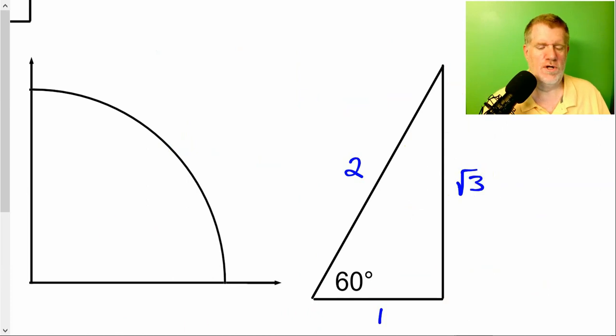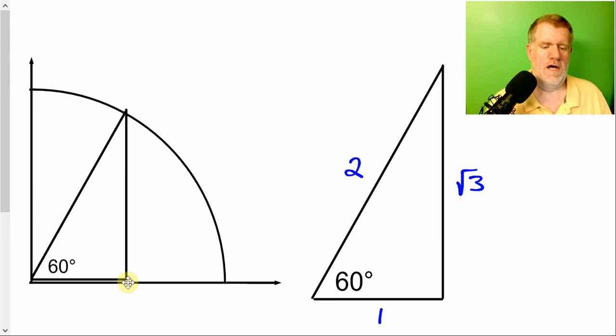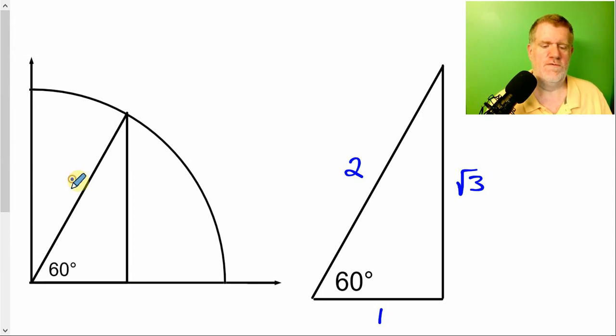But you know what we're going to do. I don't want that to equal 2. I want to fit that here. To go from here to here, it has to be a distance of 1, because remember, every distance on this circle from the center out is 1. So in order to get from 2 to 1, I had to divide by 2. I'm going to divide everything by 2.